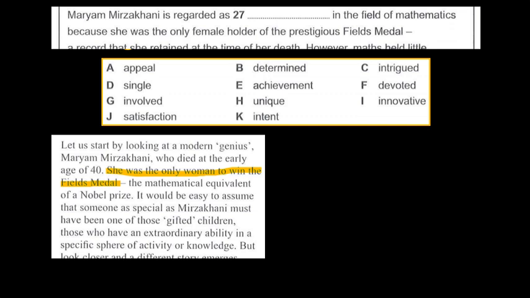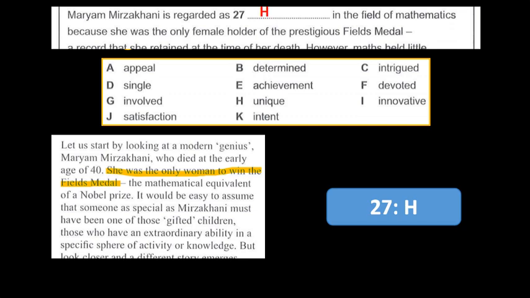And because you're the only one, which word from the options means the same as the only one? That would be unique. So the correct answer to 27 is H. But we can actually find the answer to that from the question before we even look at the passage. But the passage just says the same thing.